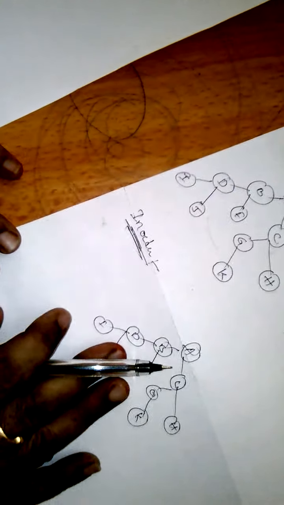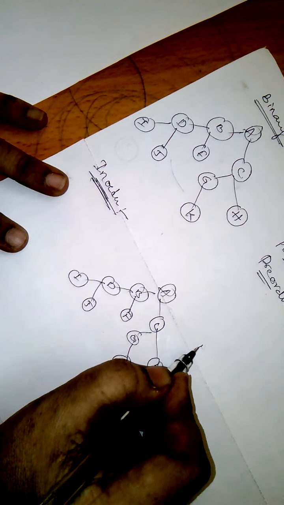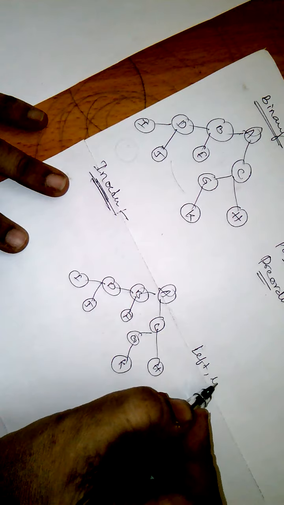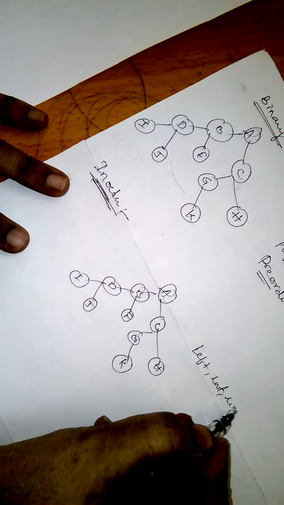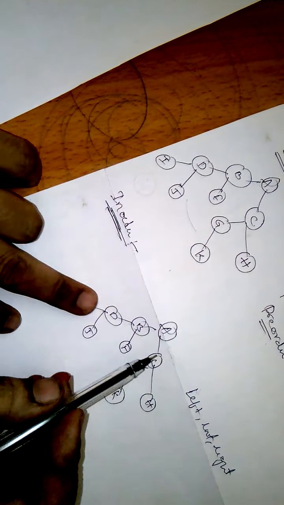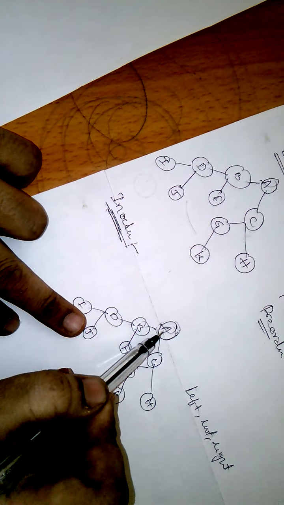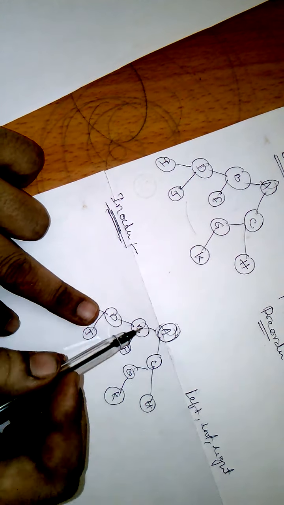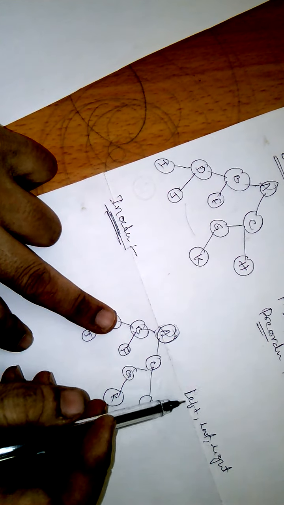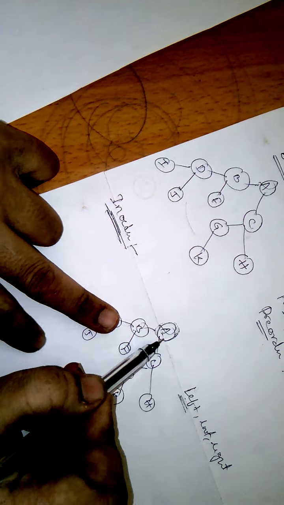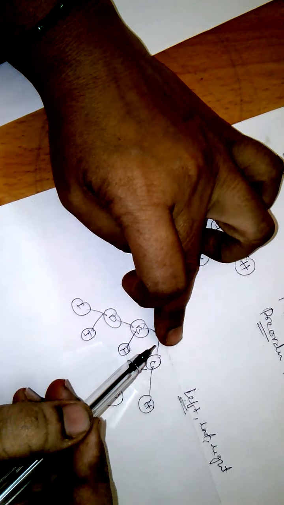Now here first I should visit left, then root, then right child. First we are at A. A is the root, so we don't visit it yet.